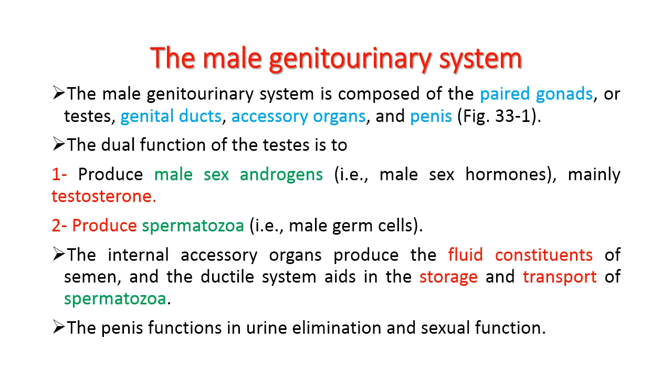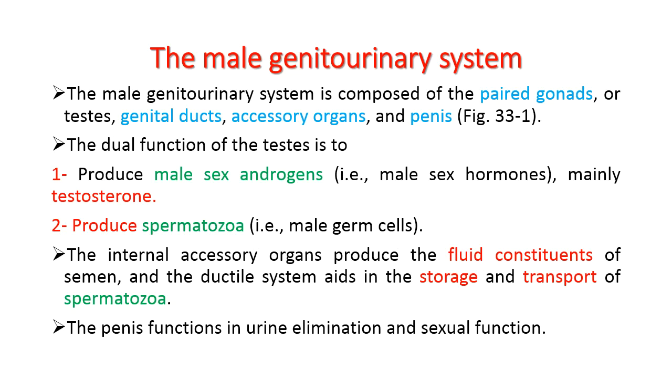Our topic today is male reproductive hormones. The male genitourinary system is composed of paired gonads or testes, genital ducts, accessory organs, and the penis. The dual function of the testes is, first, to produce the male sex androgens, mainly testosterone, and secondly, to produce spermatozoa, or male germ cells.